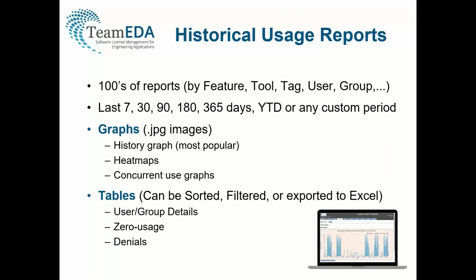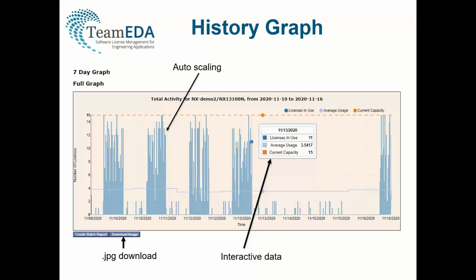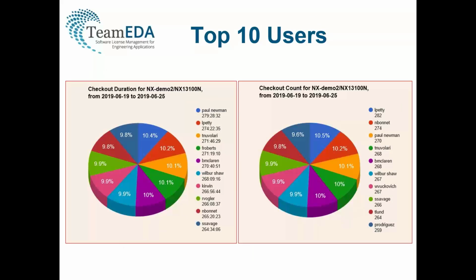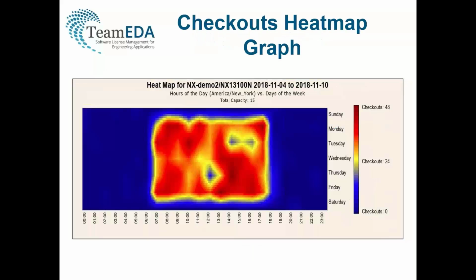So for historical usage, we've got the graphs, we've got the tables, we preset a number of different times, but you can also do a custom period for any of these. In the historical view, we had the top 10 different users. We talked about the heat maps.